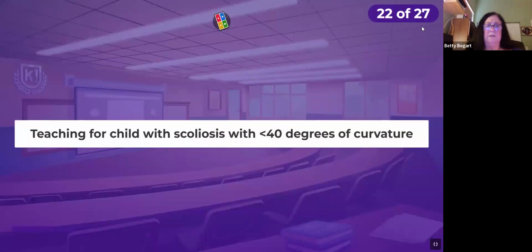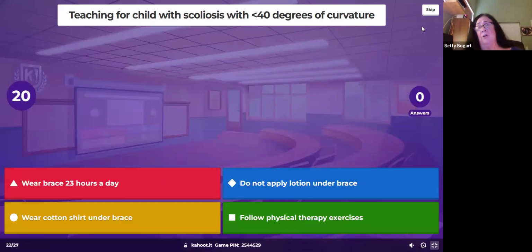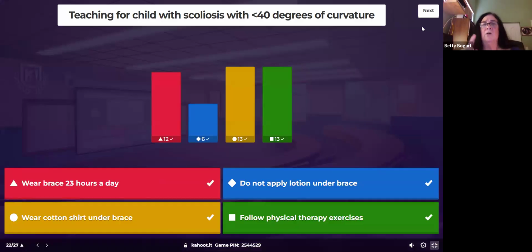Teaching for a child with scoliosis with less than a 40-degree curvature. You can wear that brace 23 hours a day.